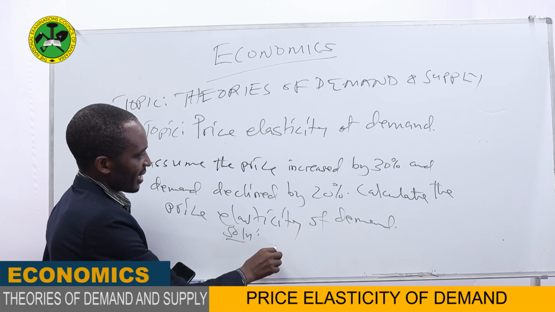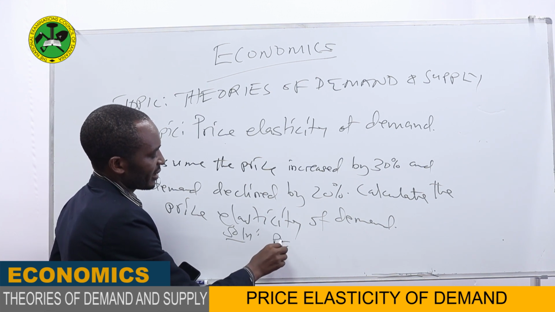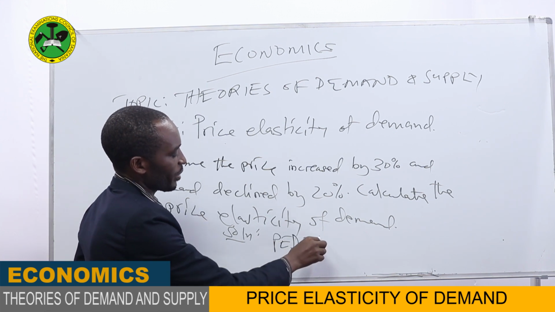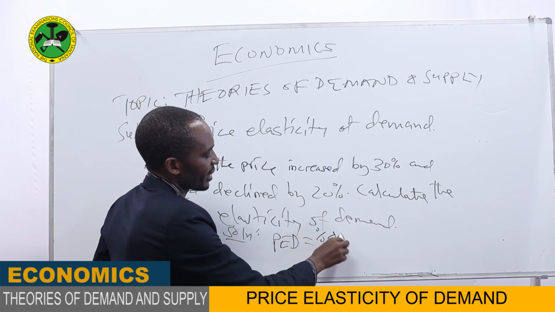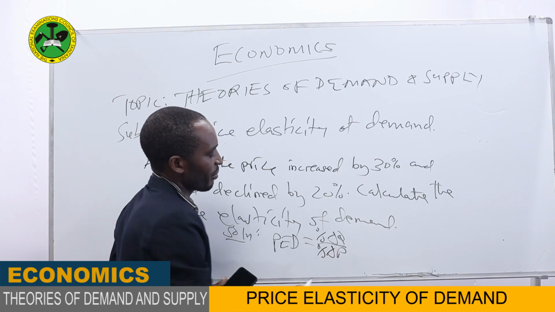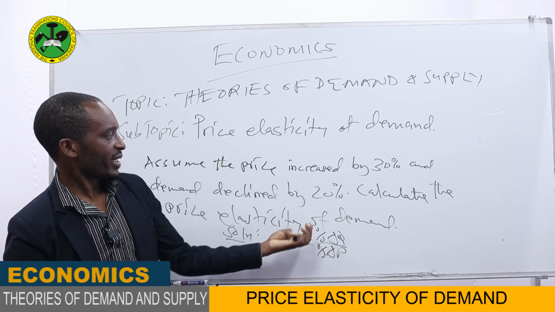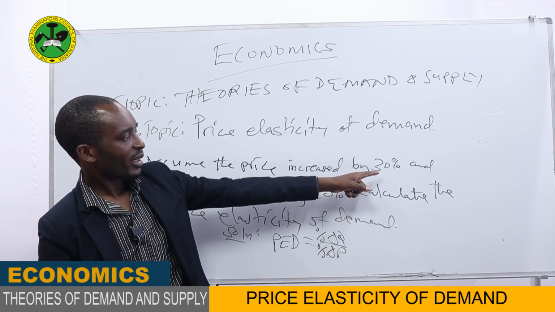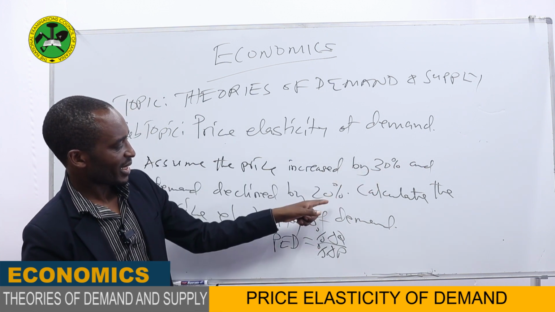the price elasticity of demand equals percentage change in Q over percentage change in price. Now, in our question here, we are given the percentage change in the price and the percentage change in quantity.